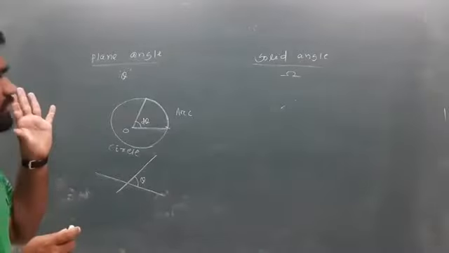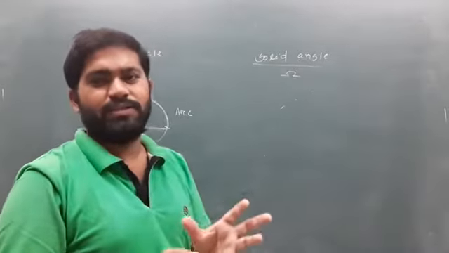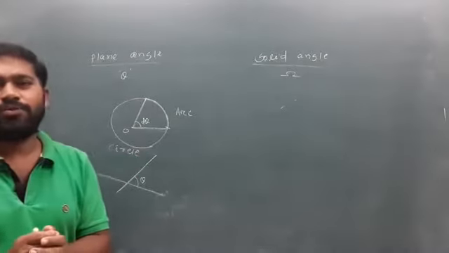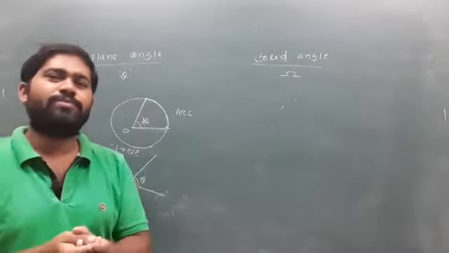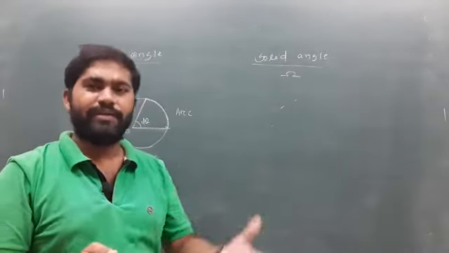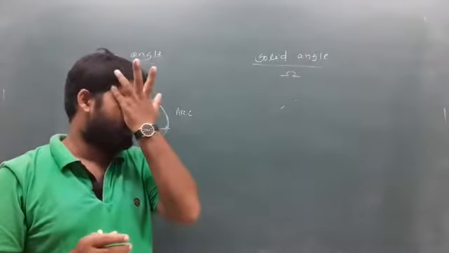But solid angle, when we consider a surface, or we can say when we consider a volume element, then the idea of solid angle arises. So how can we imagine a solid angle?